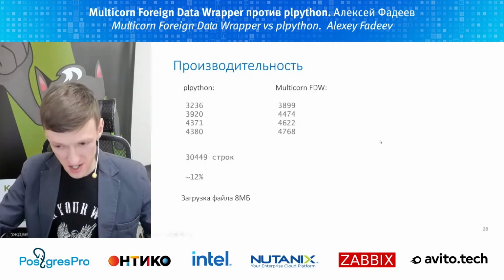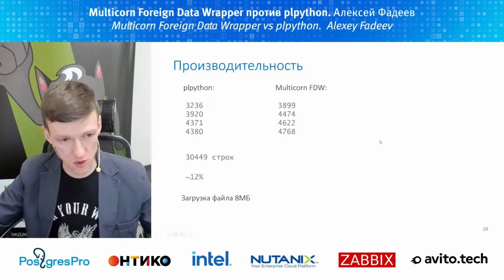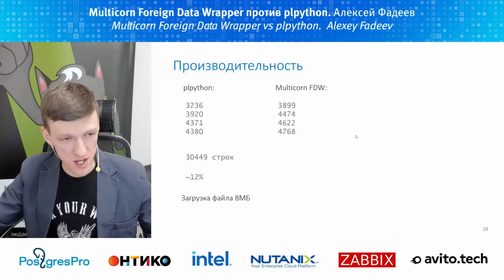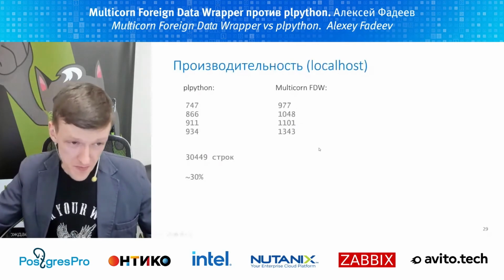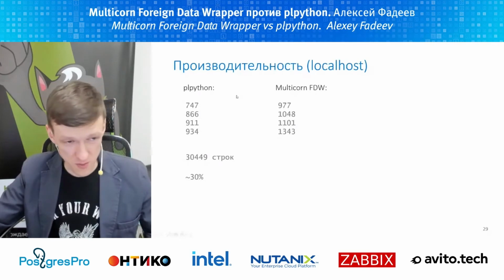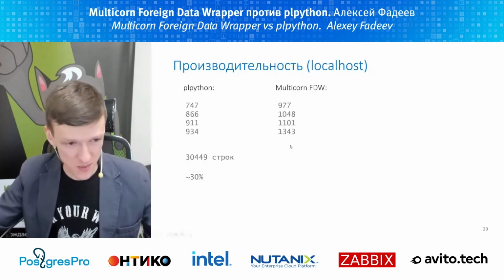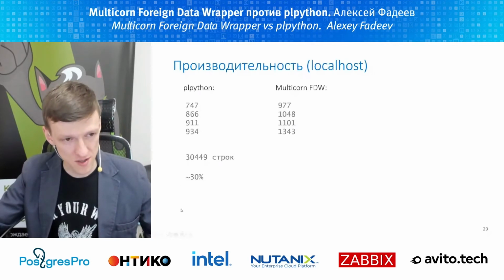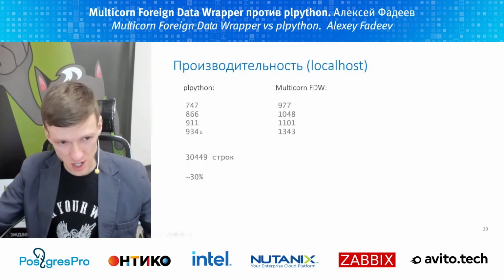So for the test, I took the file, saved it, and posted it on the local server where the Postgres is deployed. Then download was immediate, and the data became more representative. I made several measurements, and we see that it has become 4 times faster because we don't take a big file from the internet, and PL Python is better by 30%.